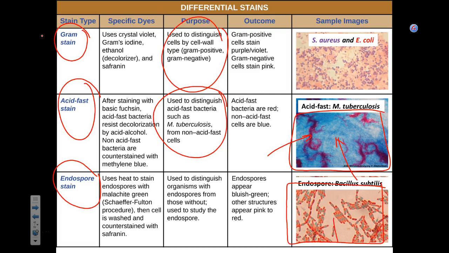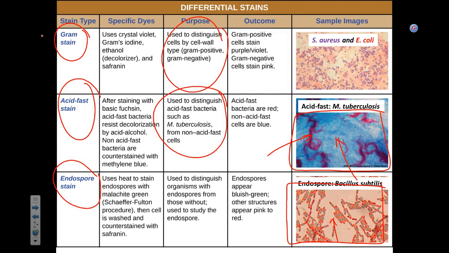Endospore stain, well, it allows you to identify microorganisms that produce endospores. Can you remind me, when do endospores form? In what type of environment? Harsh. So first of all, it means that these microorganisms that form endospores can survive a pretty severe environmental insult.